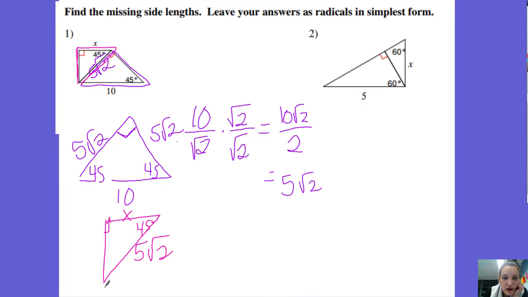So now I know the hypotenuse, and I'm trying to figure out the leg. So when you know the hypotenuse, you're going to divide it by root 2 to get the leg. And here, this one's easier because the root 2's are just going to cancel out. And so I'm left with just 5. So this is 5 and this is 5, which means that x equals 5.